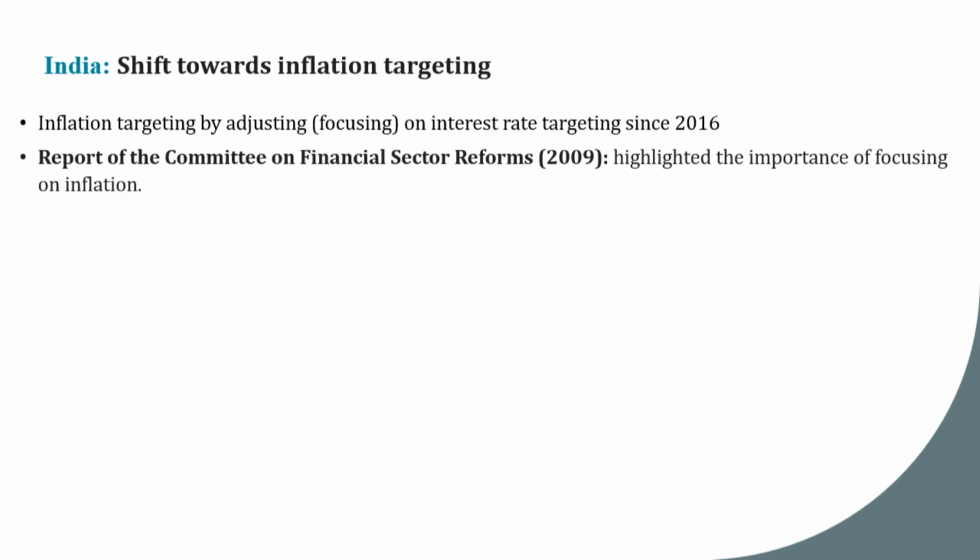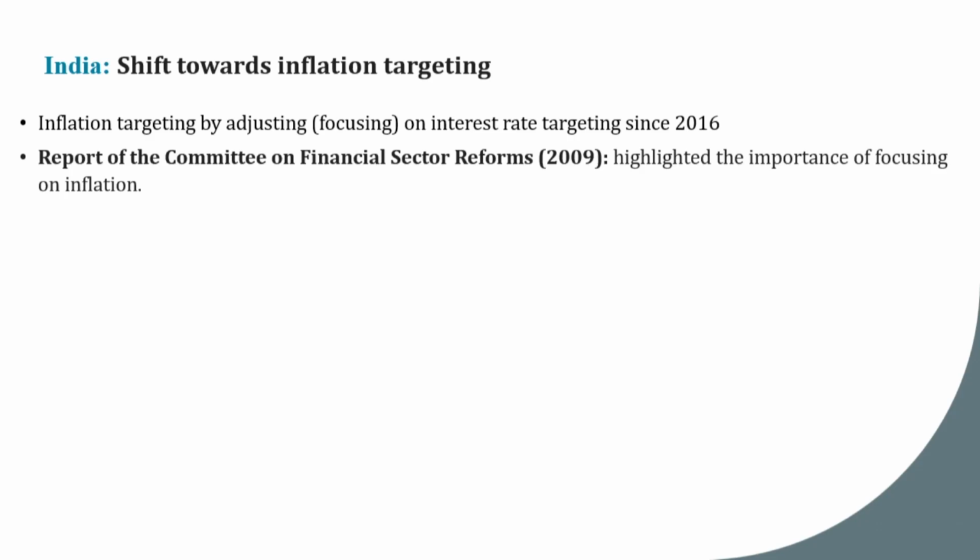So, in India, initially we are now focusing more towards inflation targeting. Since 2016, we have been following inflation targeting by adjusting the interest rate. That means we focus on an interest rate target instead of a money supply target or monetary aggregate target.